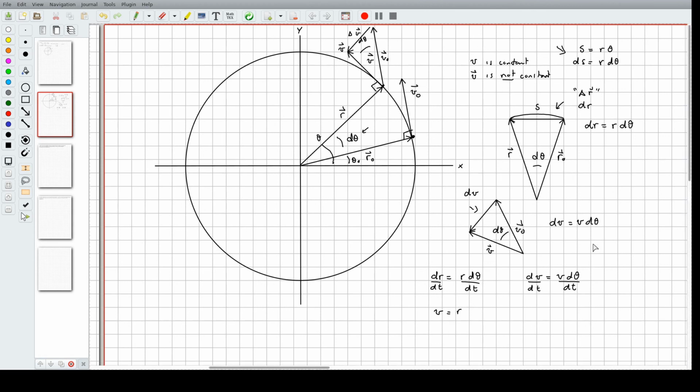Now I'm going to call omega, it looks like a W, it's not, d theta dt. This is angular velocity, sometimes called angular frequency. Okay?